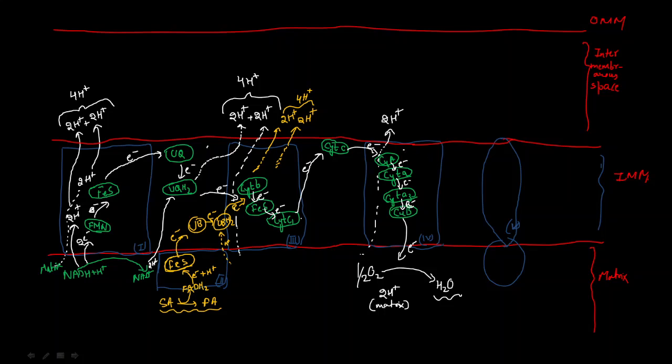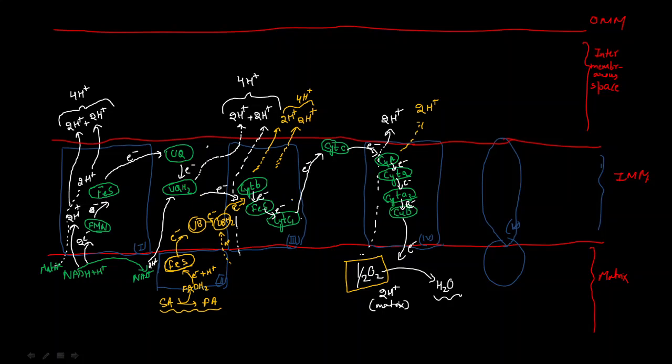Again here, 2 protons are going to get released in the same way that we talked about during the NADH electron transport chain. The final acceptor in the electron transport chain is oxygen, and that is why this is a part of aerobic respiration that utilizes oxygen.